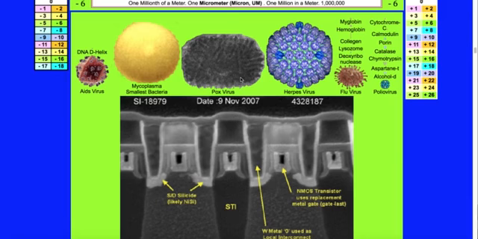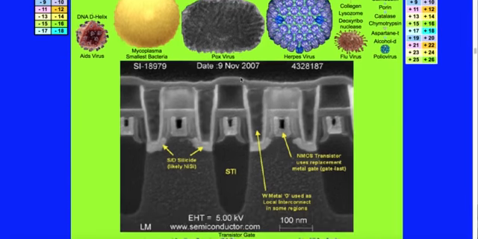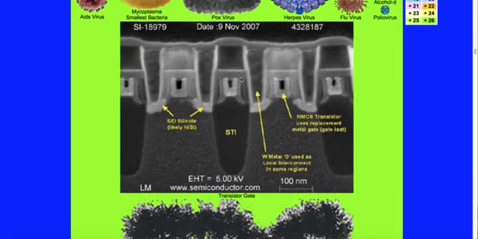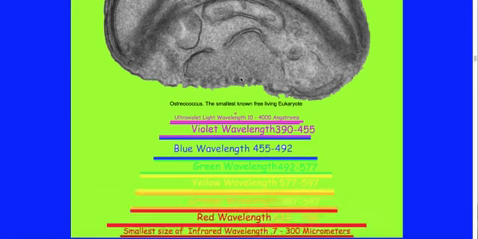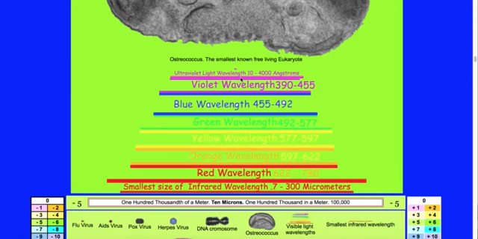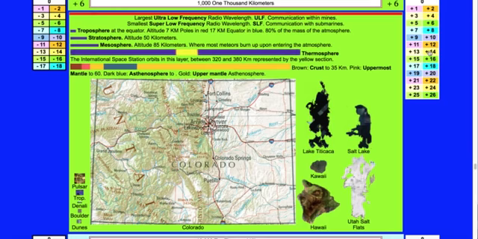Okay, pox virus, different viruses, and the smallest transistor gates we have, and the DNA chromosome, and the smallest known living eukaryote, and the light waves we can see, are the same size to us as we are to a state, okay, to Colorado.